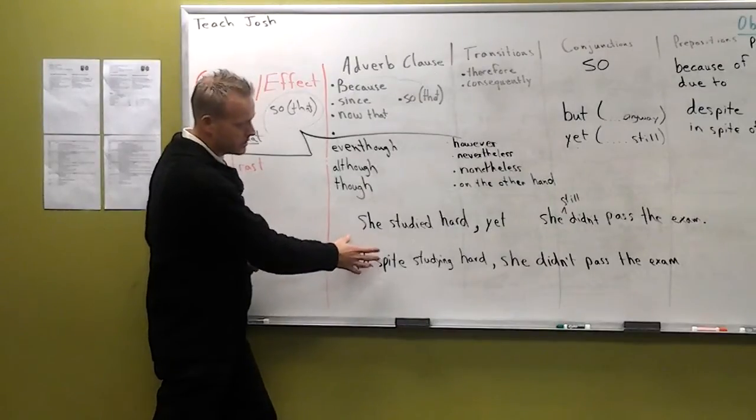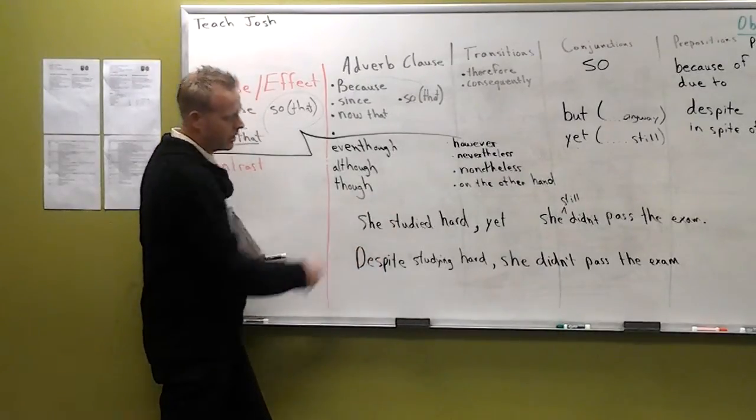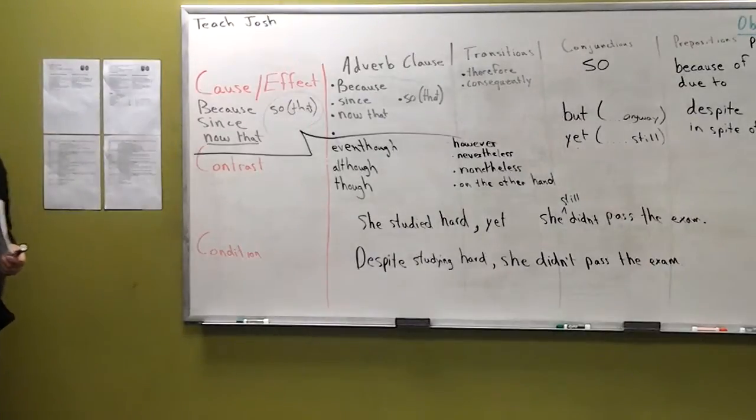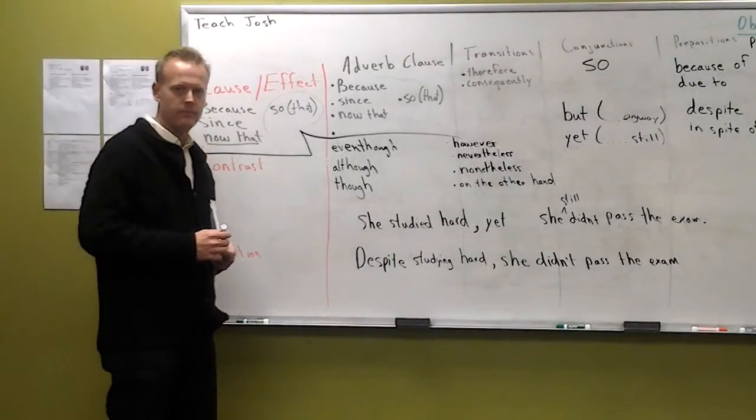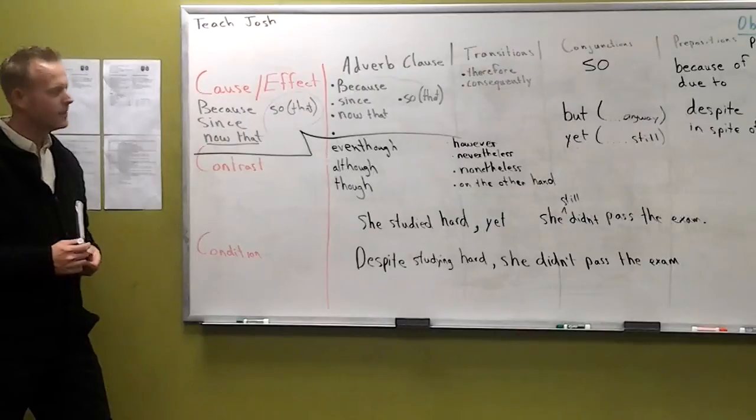And you could just say, in spite of studying hard, she didn't pass the exam. Now you created kind of a different idea. You said, in spite of not passing the exam, you could say something like, she continued to study hard. Even though she was discouraged, she didn't pass, she kept working hard. So you can show that contrast by saying what you said. Are you okay? Okay.